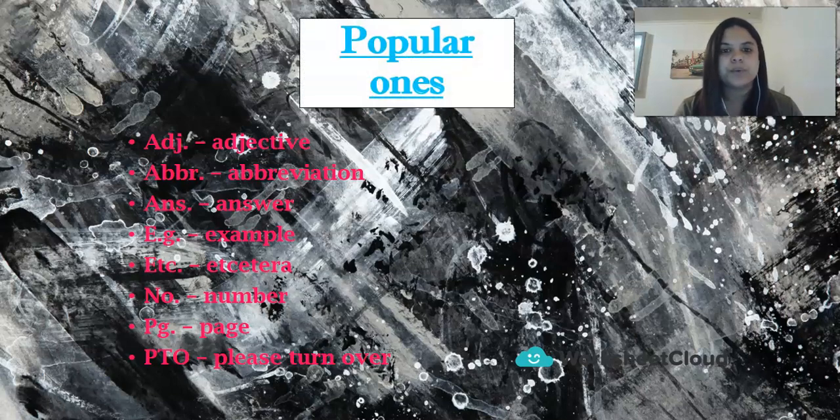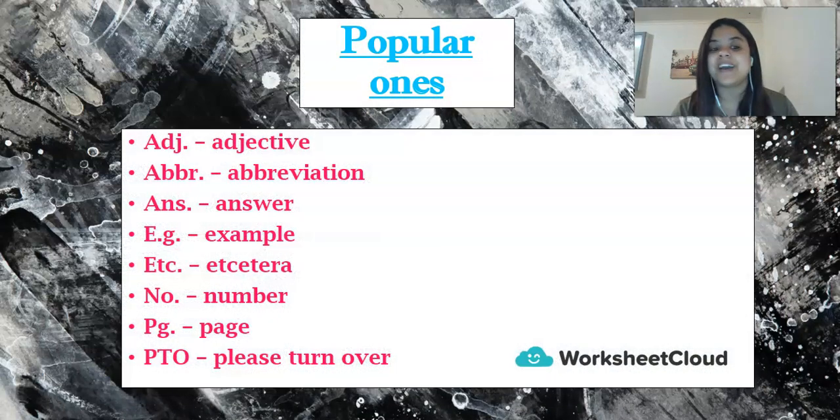So popular ones that I thought I'd add in just to help you remember them. We have ADJ, which is adjective. ABBR with a dot stands for abbreviation, which we are obviously busy with. ANS, answer. And here's the very popular one, the EG is example.